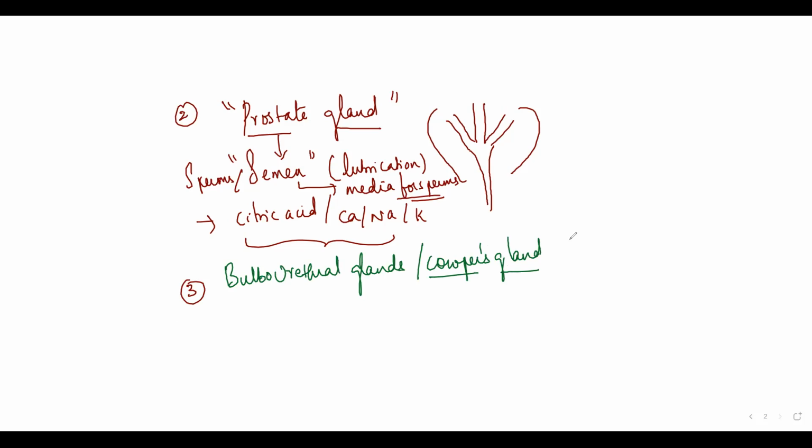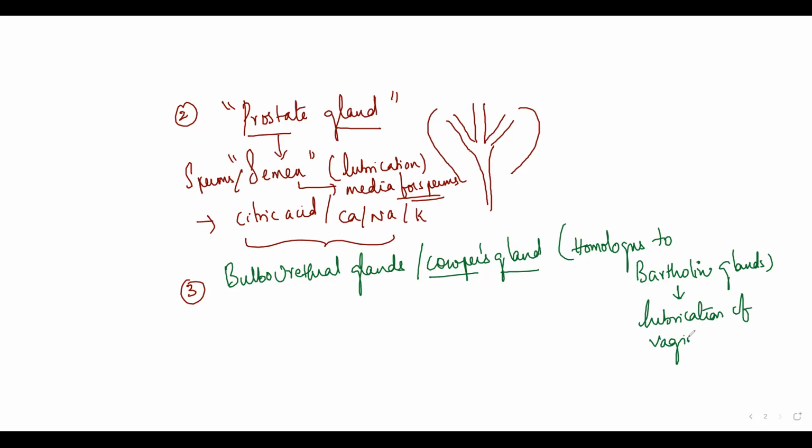Okay, and these are very much homologous to the Bartholin's glands of your female reproductive tract, which actually perform lubrication of the vagina during sexual arousal. Okay, that is the vaginal canal during sexual arousal. So these are the points that you need to remember.